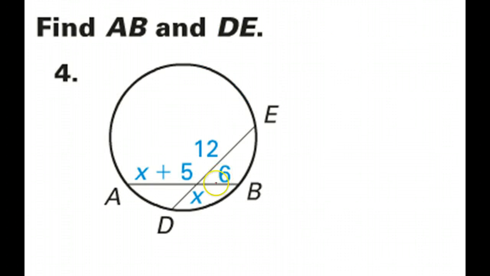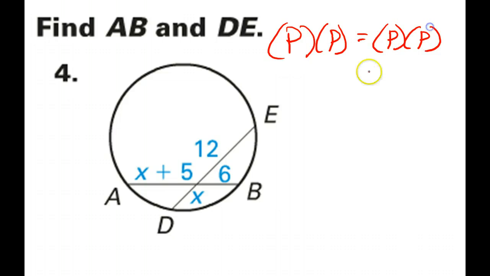Let's look at this problem. Same type of thing. I'm going to do part times part equals part times part. So let's see, which one do I want to do first? Let's go ahead and do this chord first. So part times part, that would be 6 times x plus 5.